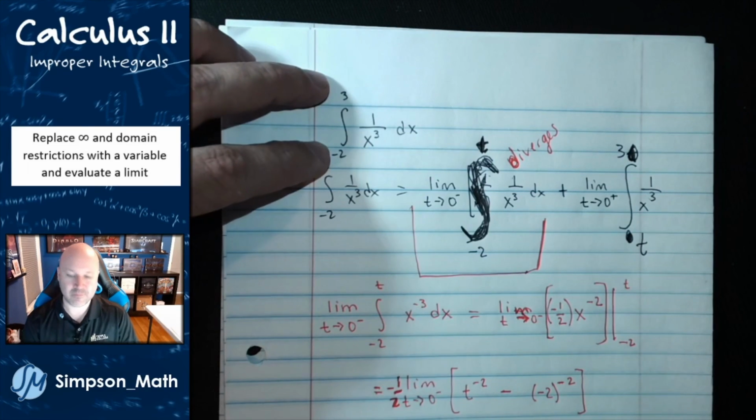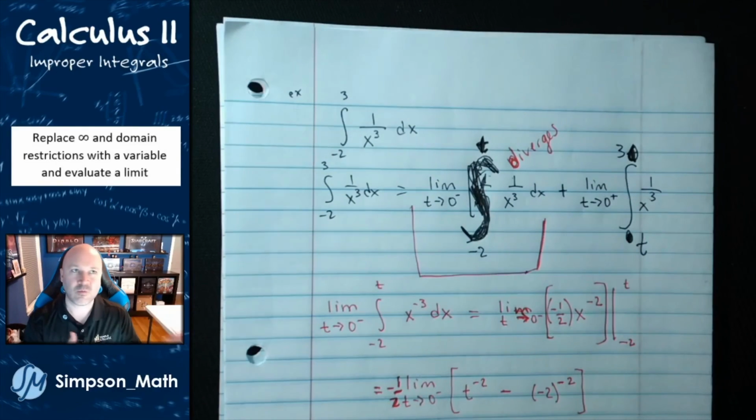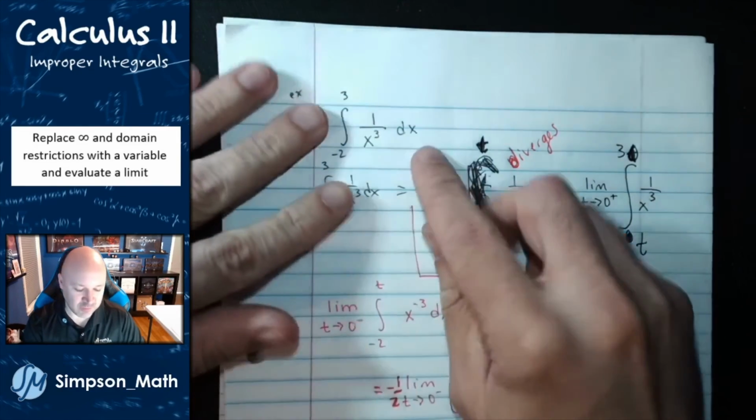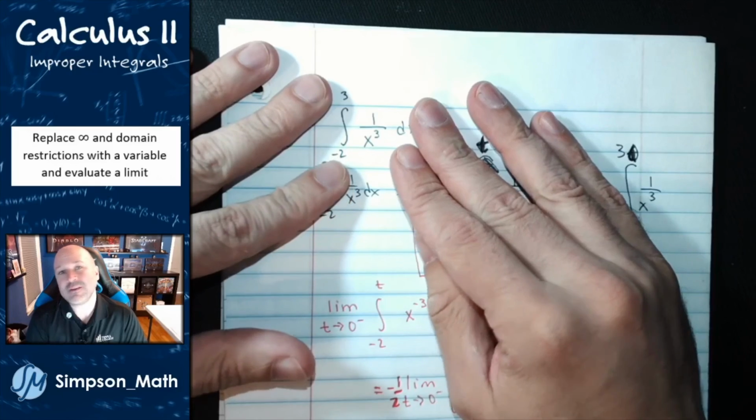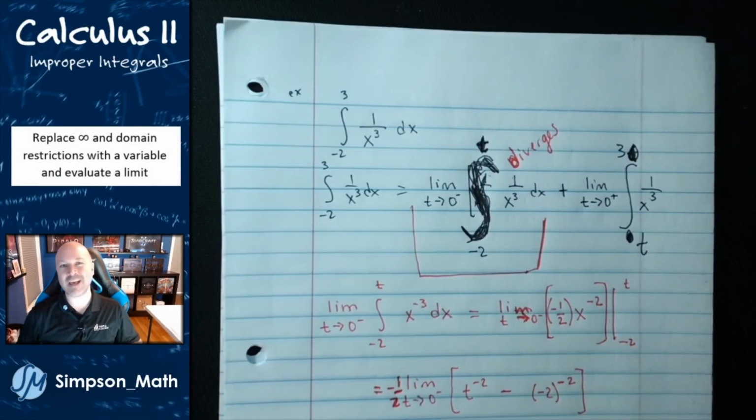So look for that. If you have a denominator, it can't be 0. If you've got square roots, well, there shouldn't be negative values. So look for that kind of stuff. I'm not going to tell you. I'm just going to give you this problem and say, oh, do it. So there you go. I think you're now ready to tackle the homework. Good luck, and see you in the next video.